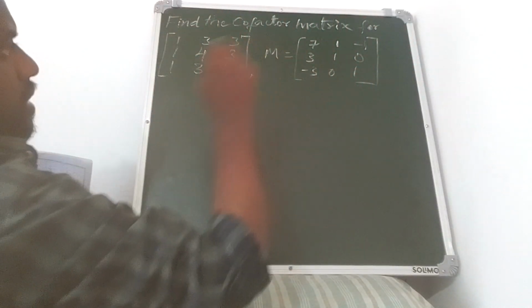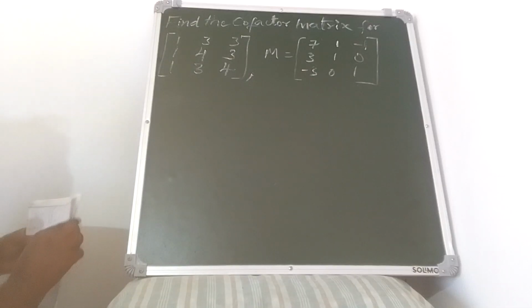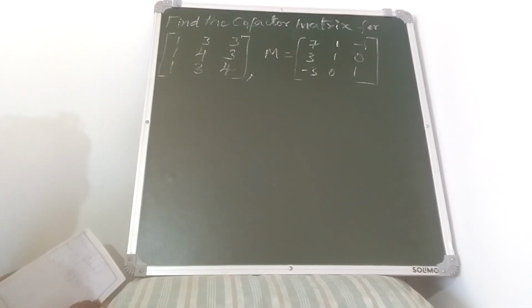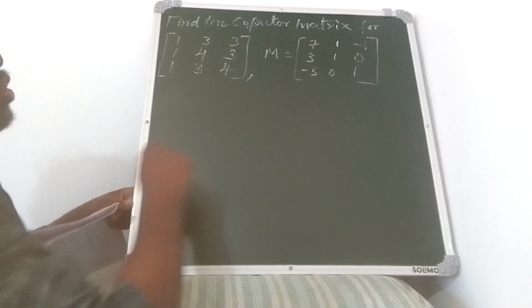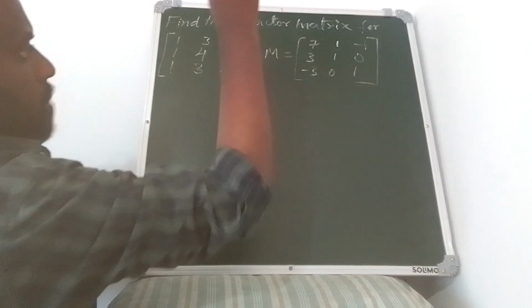This is the minor matrix. So we need to find the cofactor matrix using this matrix.